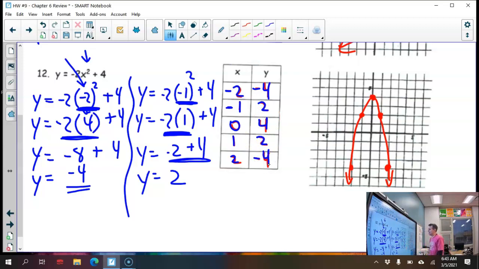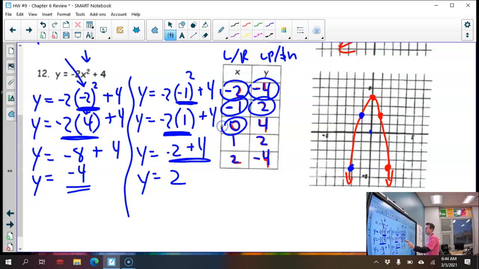And so when I go to graph these, all right, remember the x goes left or right, and the y goes up or down. I'm going to go left 2, down 4. Starting at the center, I go left 2, down 4, and it puts me there. Then I go left 1, up 2, puts me there.